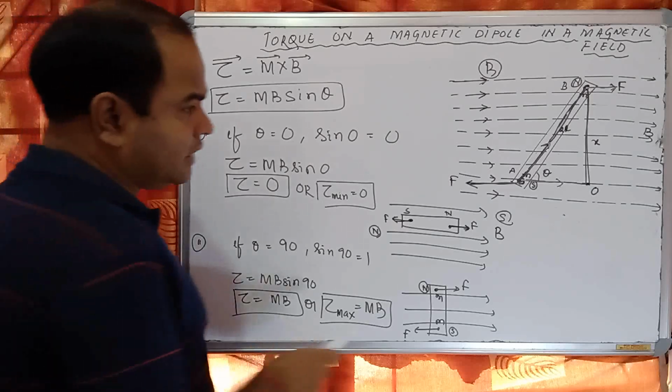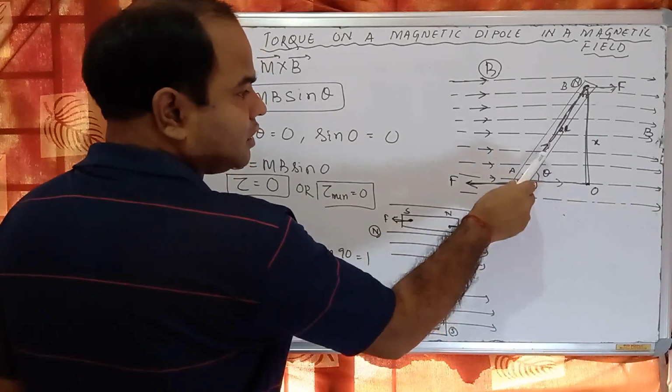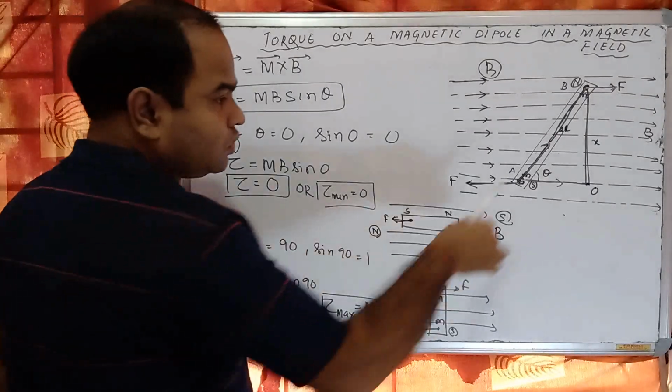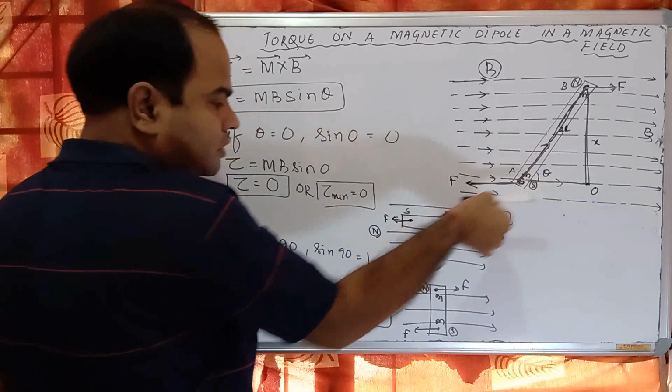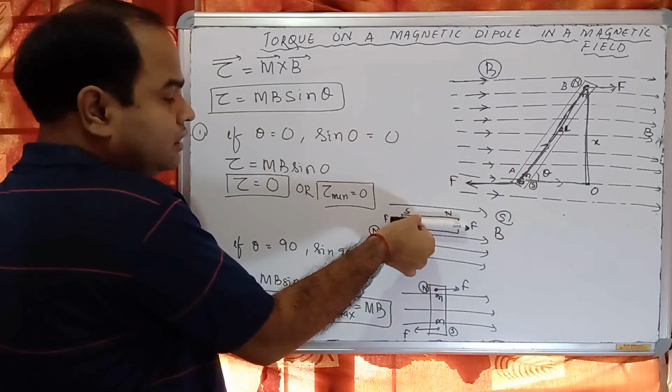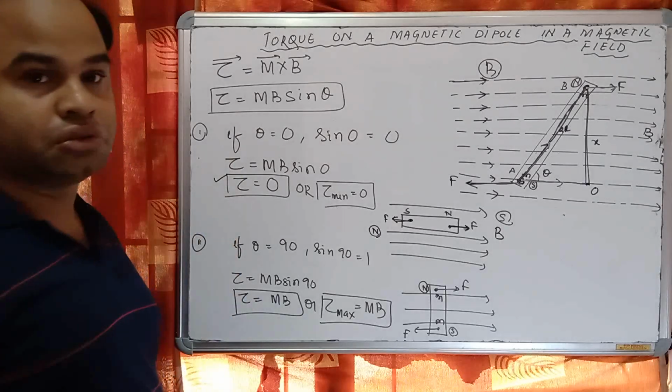Theta is the angle between the magnetic field and the bar magnet. So in this case the torque acting on the bar magnet is 0.